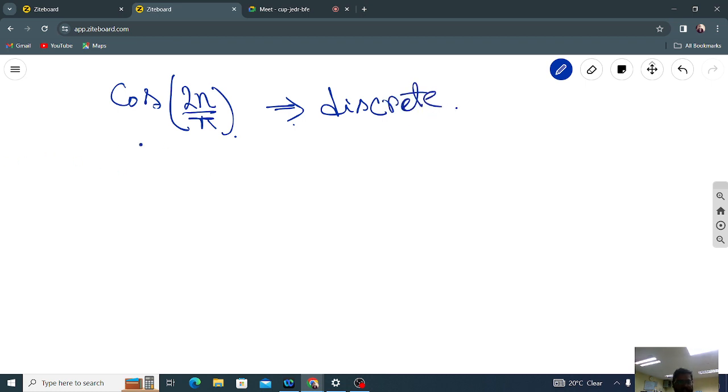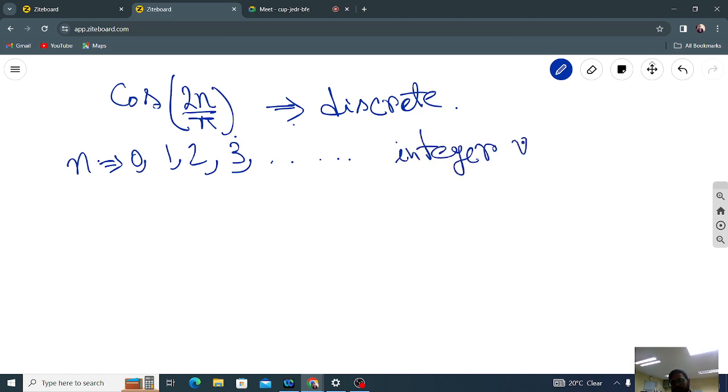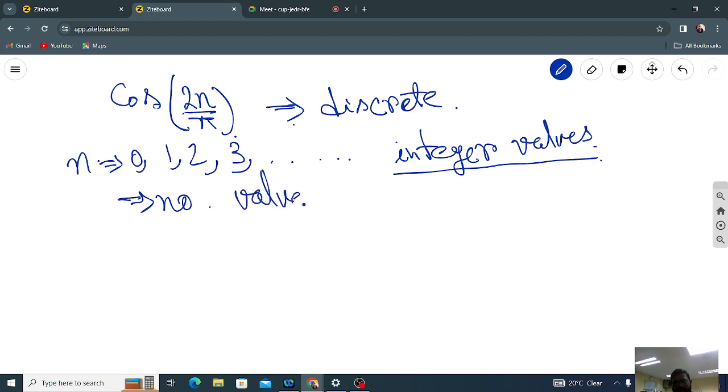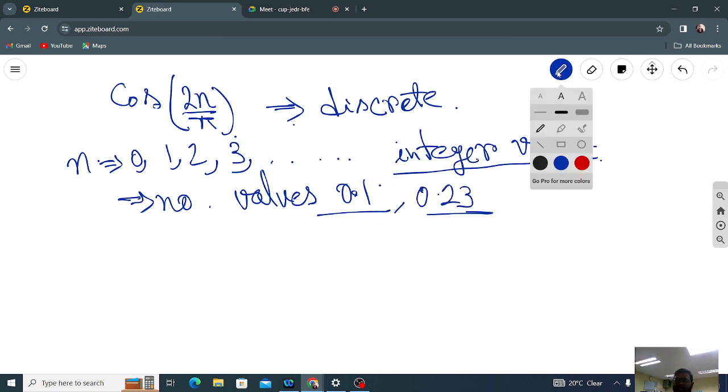So what does this mean? n can take the values 0, 1, 2, 3, and so on, all the integer values. But no values like 0.1 or 0.23, these values it cannot take.